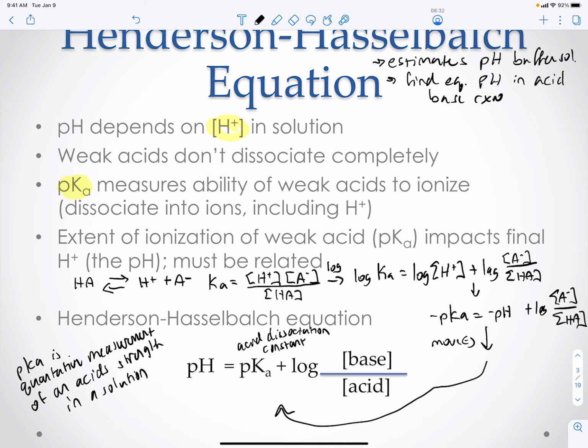Okay, so how much does it want to give up? And remember, the strong acid has the lower pKa. And it's opposite for Ka, obviously. A stronger acid has a higher Ka.